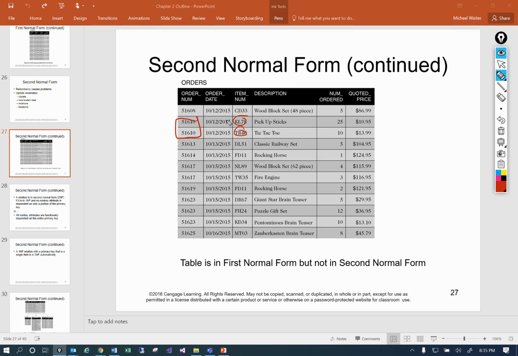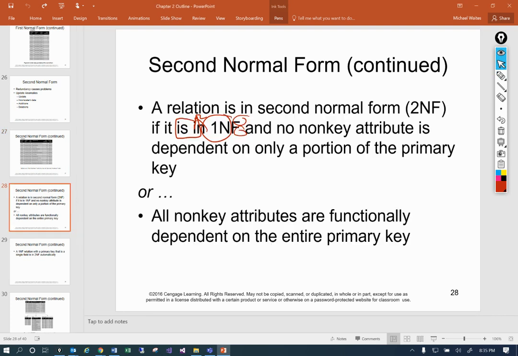In fact, this is repeating data. And so, again, how do we get this into second normal form? A relationship is in second normal form if it's in 1NF and no non-key attribute is dependent on only a portion of the primary key, or all non-key attributes are functionally dependent on the entire primary key.